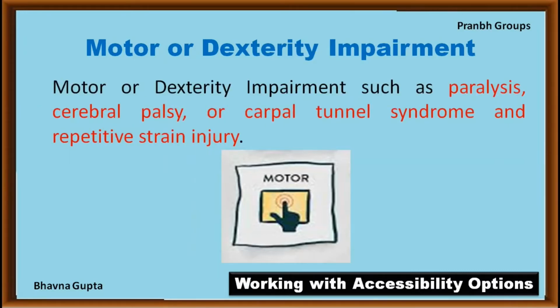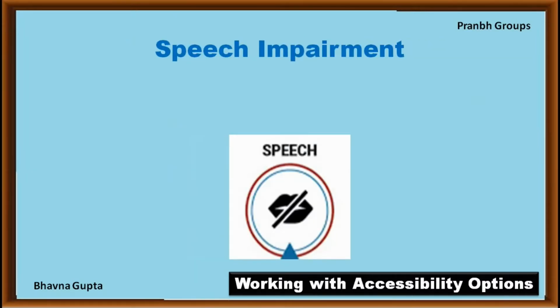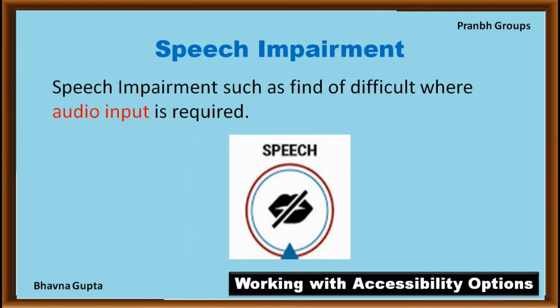People suffering from paralysis, cerebral palsy, carpal tunnel syndrome and repetitive strain injury are not able to use their hands and arms enough to operate a standard keyboard or mouse. The next impairment is speech impairment. People who suffer from speech impairment find it difficult where audio input is required, but they can use many technological tools that help them convert text to speech.